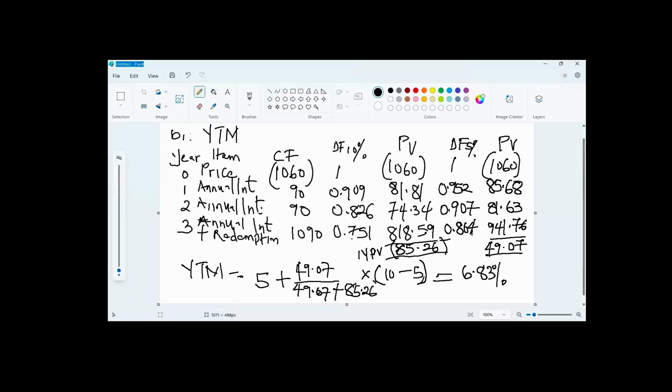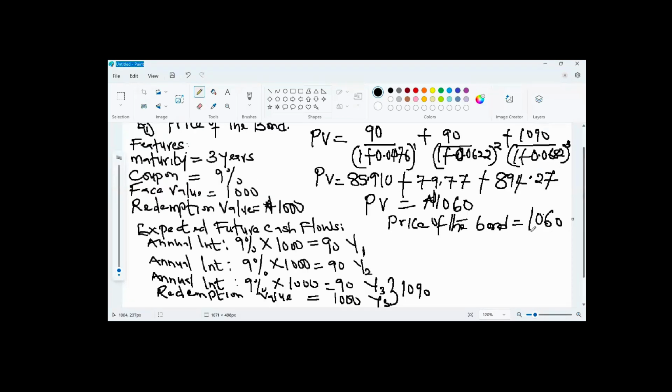Look at the price. The price is 1,060. That means as of today, the price of the bond is 160 above par. At the end of 3 years, the bond will be redeemed at par value. That is 1,000.